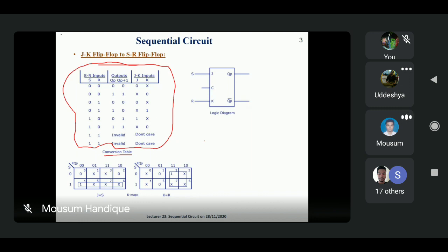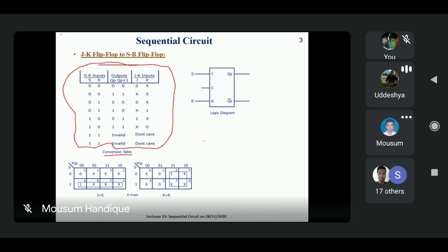We cannot predict whether it is 0 or 1. And when I taught you the JK flip flop, I said that the JK flip flop is a refinement of the SR flip flop. The SR flip flop has the same problem: when S equal to 1 and R equal to 1, we get the invalid state.